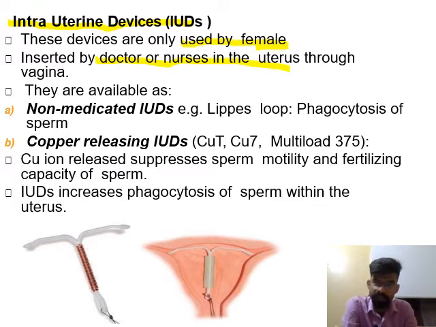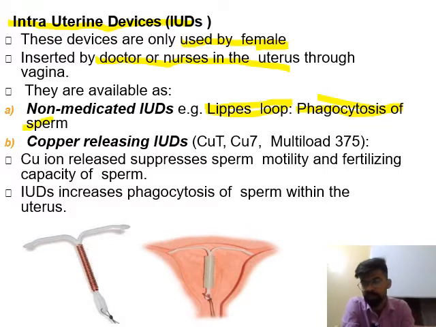There are two types of intrauterine devices available. First is non-medicated, second is copper-releasing intrauterine devices. In non-medicated intrauterine devices, one example is Lippes loop. The function of Lippes loop is that it leads to phagocytosis of sperm.